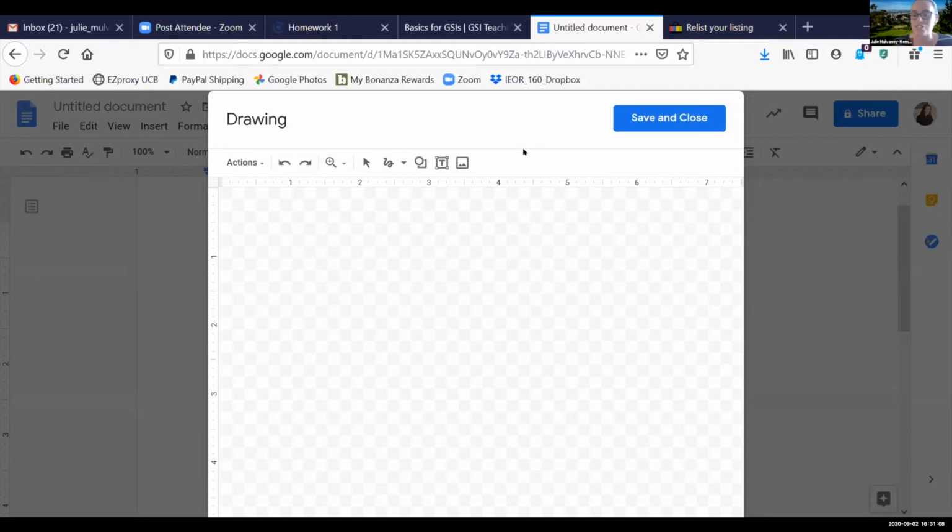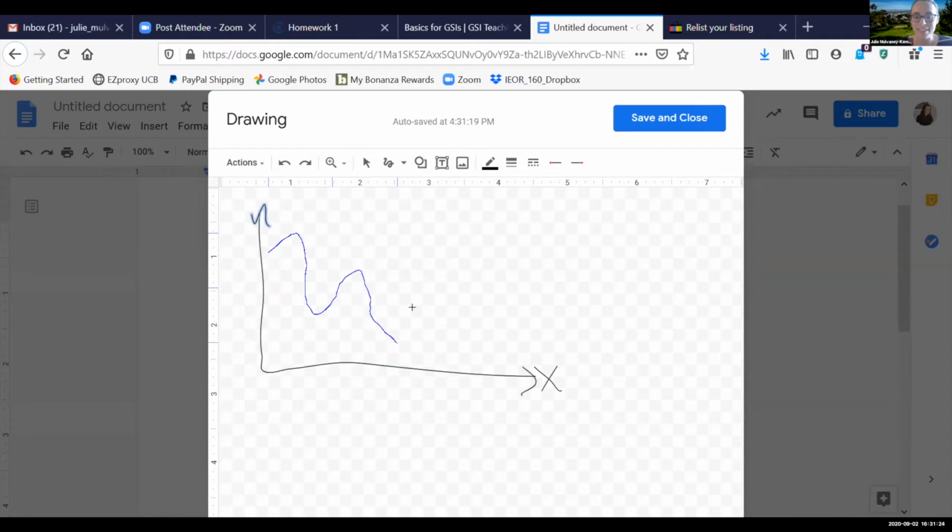And to start, let's just look at a graph of a function. We have our axes here, our x-axis and our y-axis. And then let's draw the function. It's not really so important exactly what this function is. We're just going to talk about the general shape. So let's call it our function f.